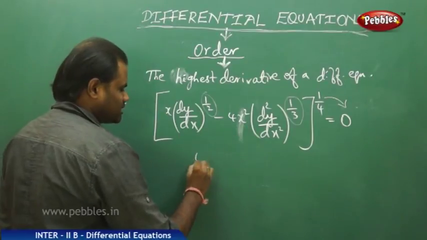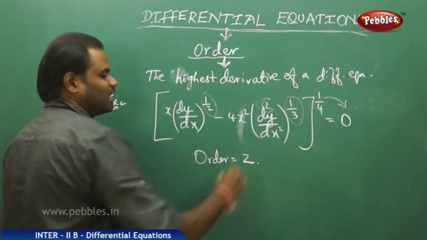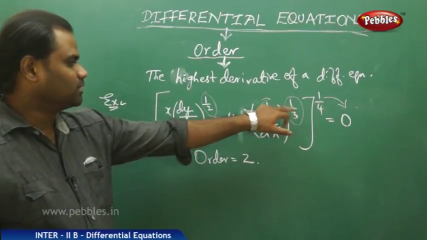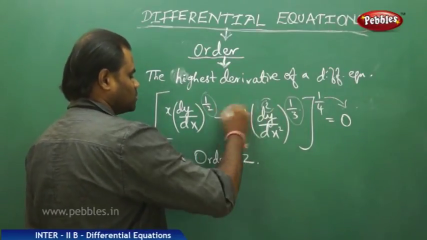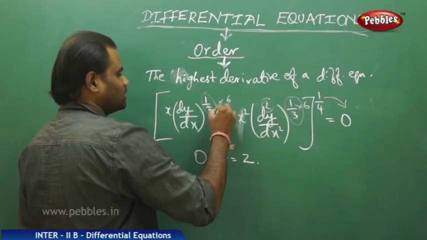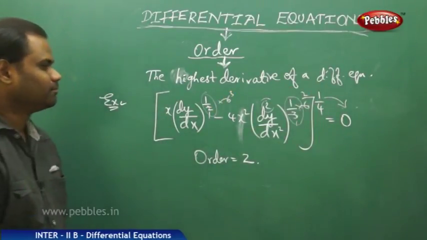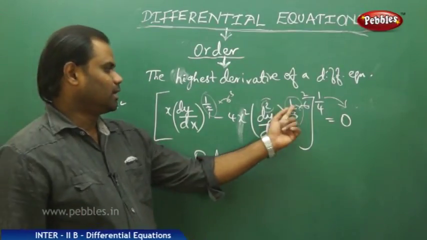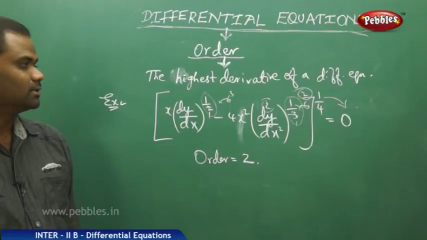Clearly I see that the order of this differential equation is 2 because this is the highest derivative. For the power of this to be made an integral value, I have to multiply both equations with 6, because when you multiply both of them with 6, it becomes an integer. And therefore the highest power of the highest derivative is 2.